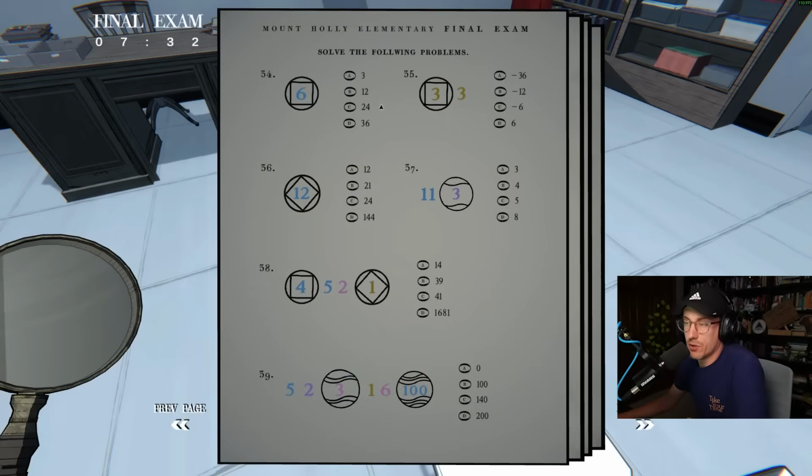Okay, solve the following riddle. 6 squared is 36. -3 squared is 9. -3 is 6. 12 flipped is 21. 3 rounded to the nearest 1. Sorry, 11 plus 3 is 14. No, that's not plus.